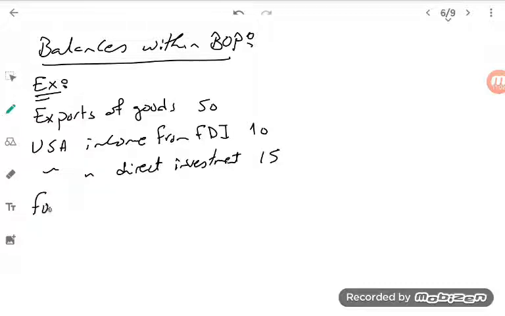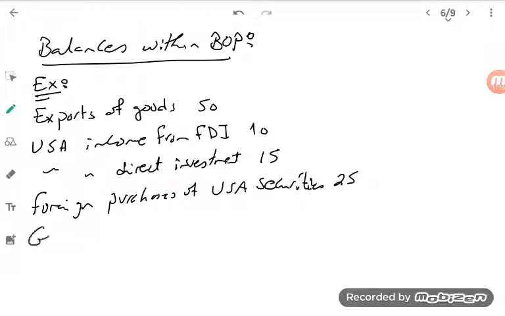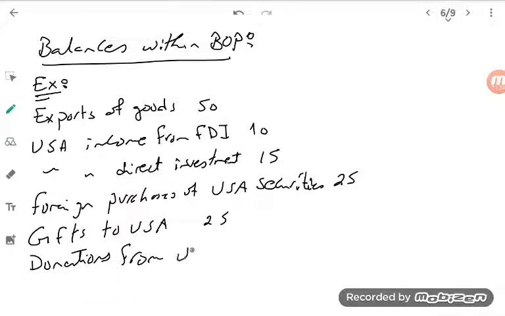Foreign purchases of USA securities, 25. Gifts to USA, 25. Donations from USA, 15. Net services is negative 20.